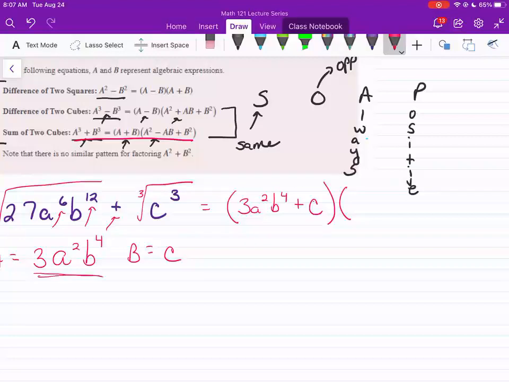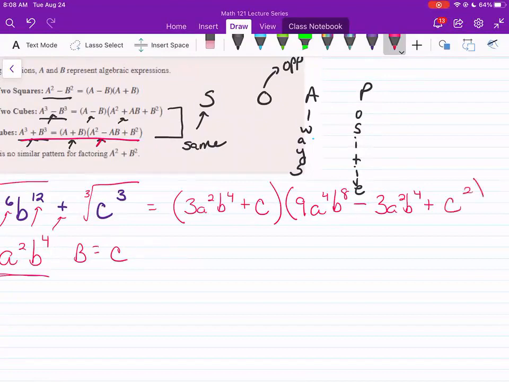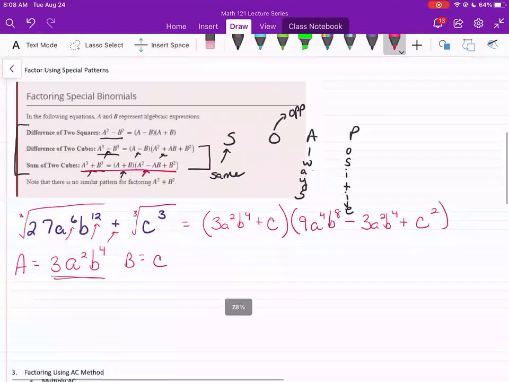So we're going to square this whole thing, which gives us 9a to the 4th b to the 8th, minus, again, opposite of the original sign, ab, which is going to be 3a squared b to the 4th. And then last, always positive, plus b squared, which in this case is c squared. So that's our factoring by special patterns. There's 2 terms, we factor by special patterns.